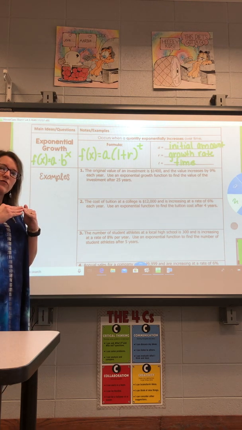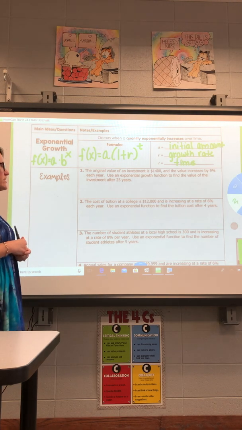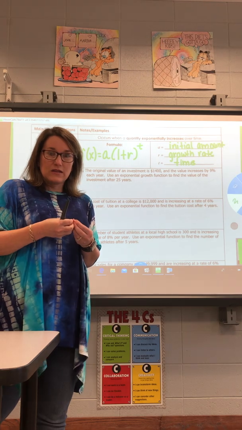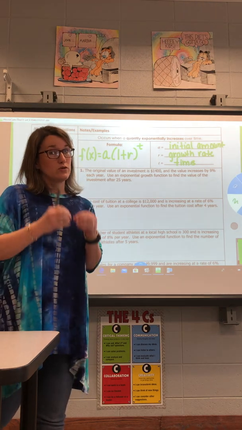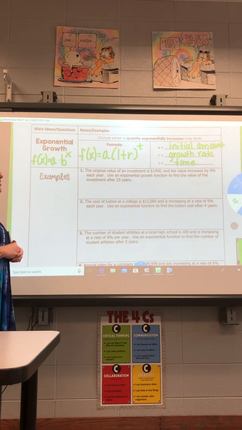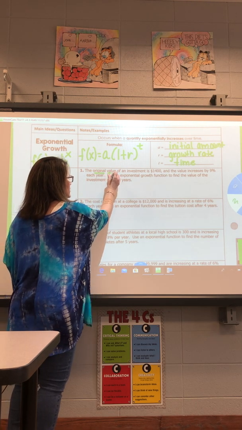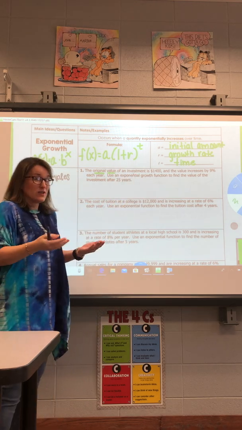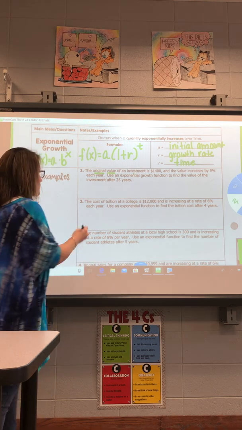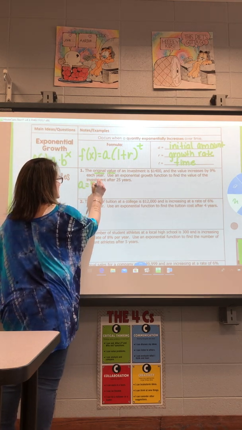Let's plug it into our formula and see what we can come up with here. Okay? So the original value of an investment, remember an investment is something that you put money into in order to hopefully grow more money. The original value of an investment is $1,400. It tells you right here that this is the original value. Okay, so shouldn't that be A, our initial amount? I think so too. So I'm going to write down right here that A is going to be $1,400.